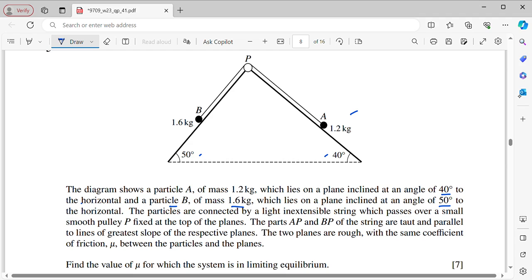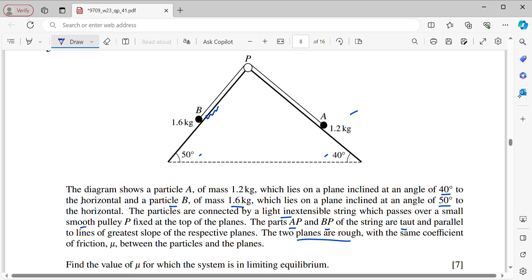Both particles are connected by a light inextensible string, which passes over a small smooth pulley P fixed at the top of the planes. The parts AP and BP of the string are taut and parallel to the lines of greater slope of the respective planes. The two planes are rough.